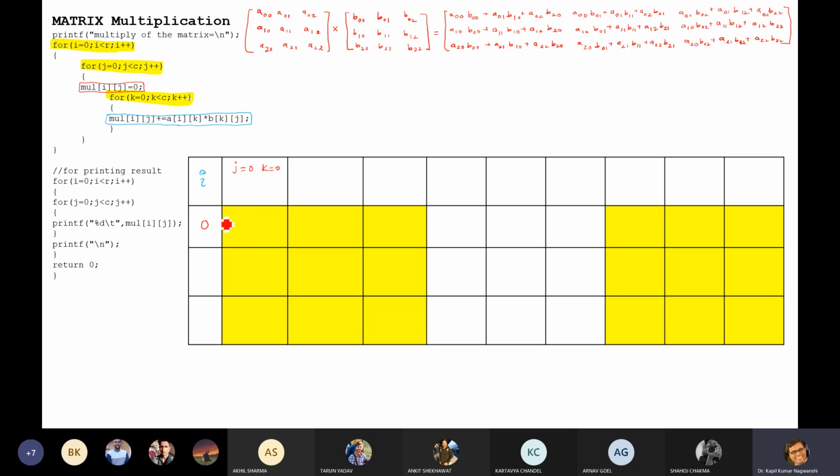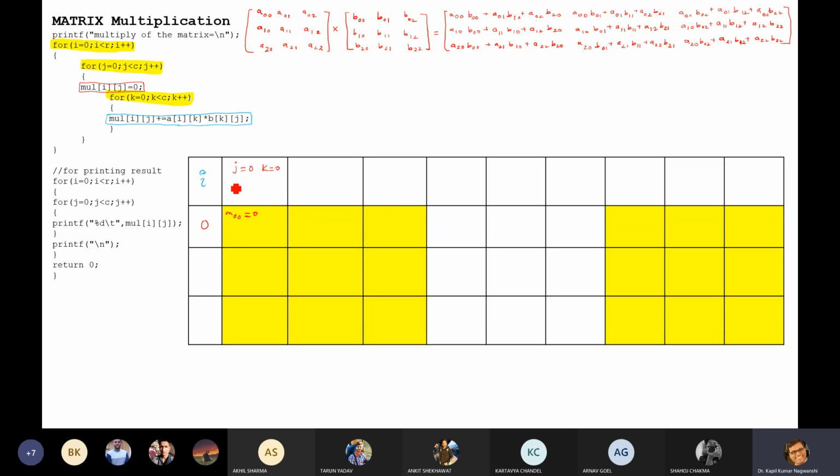For i and j, this is given: m ij, that is m 0 0, equals 0 will be initialized. Now it is initialized for i equals 0. M00 is initialized. It will not initialize further here.